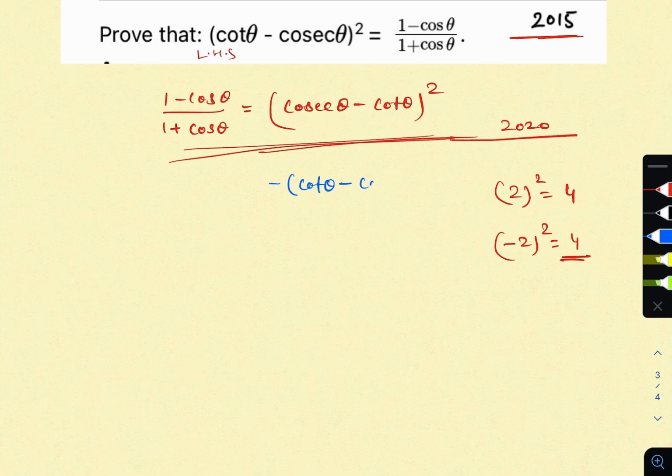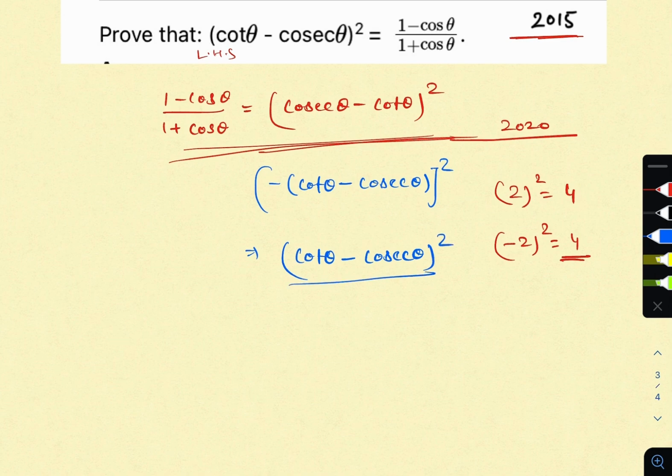Cot theta minus cosecant theta, and there is a whole square. Now this negative and the whole square is there, so the negative will be converted into positive. So this complete thing will again equal cot theta minus cosecant theta whole square. So look, this is the left hand side here in the question, and the right hand side of the question is equal to the left hand side of the previous one.